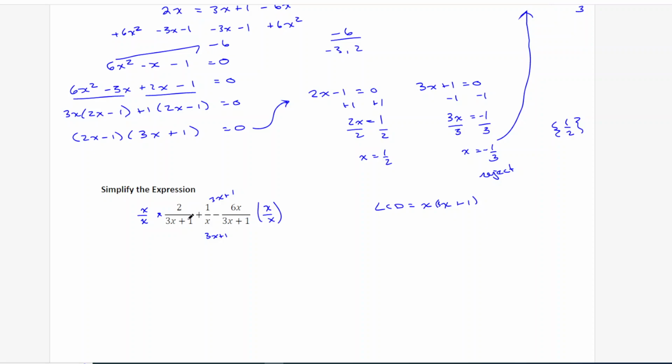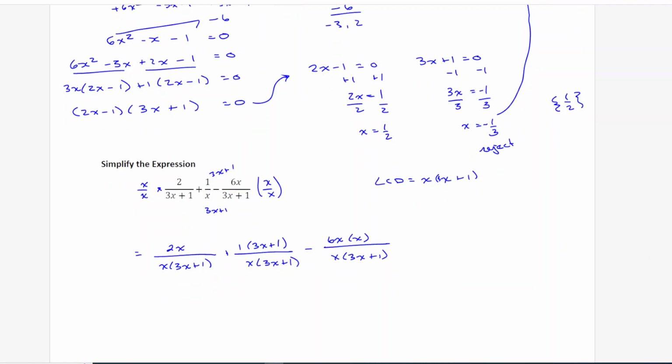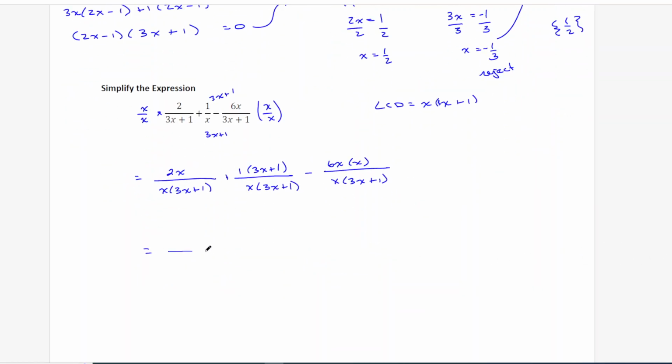So I can multiply every term by 1, which will leave me with 2x over x times 3x plus 1, plus 1 times 3x plus 1, all over x times 3x plus 1, minus 6x times x, all over x times 3x plus 1. I can create that common denominator so that I can write it with the common denominator.